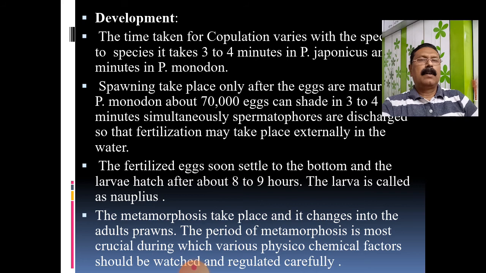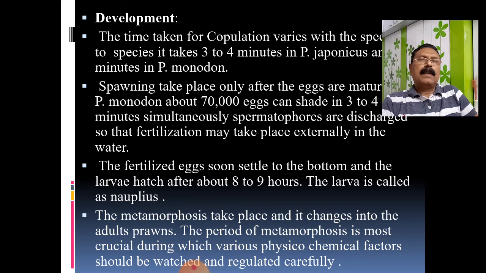Dear friends, this time we see about the fertilization and development. At the time of breeding, the time taken for copulation varies from species to species. We know very well that in the case of fishes, they do pairing and courtship, and then go through spawning, egg laying.